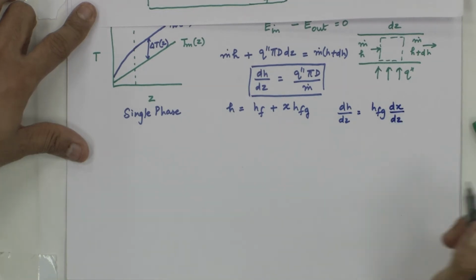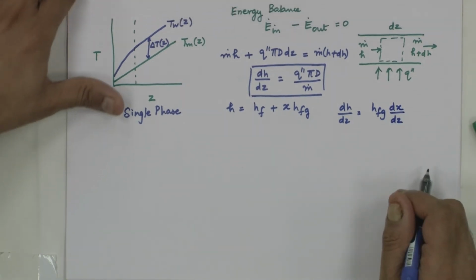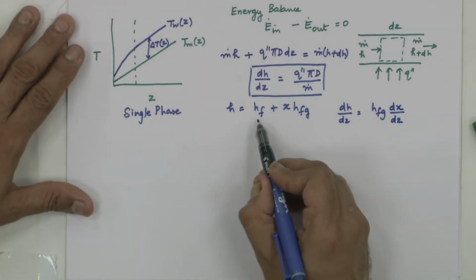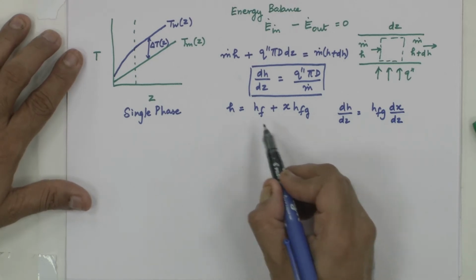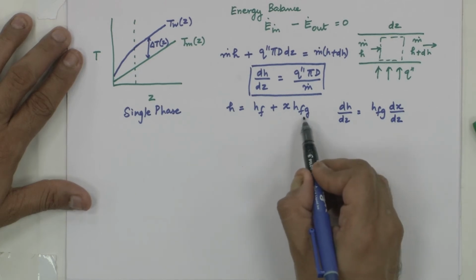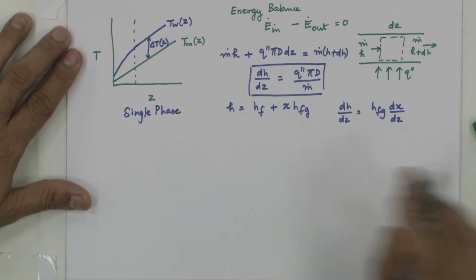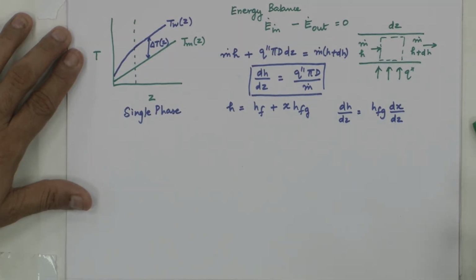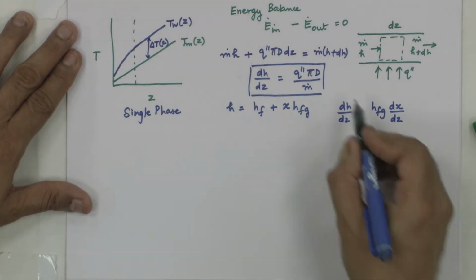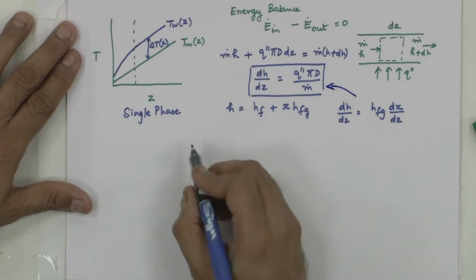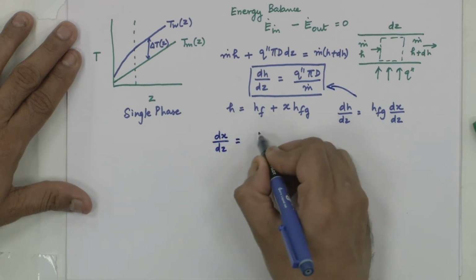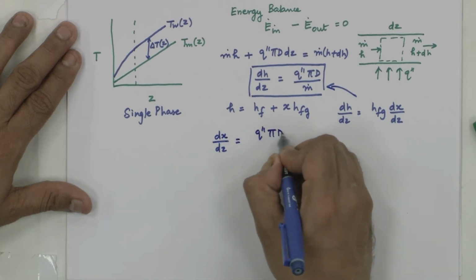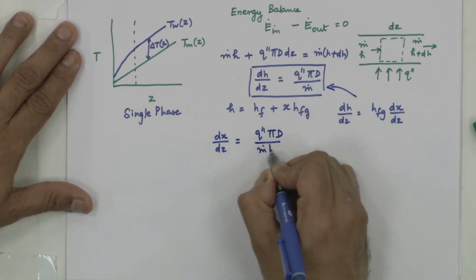This is where the assumption of constant properties becomes very important, because if properties are constant, the derivative of saturated liquid enthalpy and the derivative of Hfg with respect to z along the flow direction are 0. When I substitute here, I get dx by dz is equal to q double prime pi d by m dot Hfg.